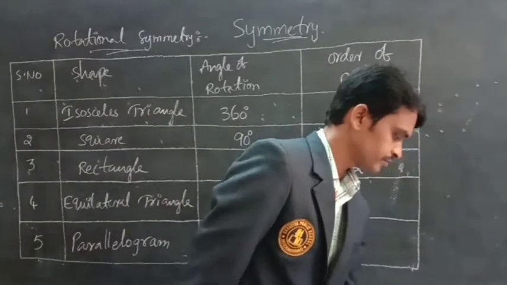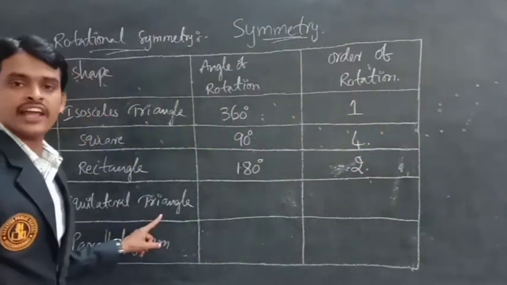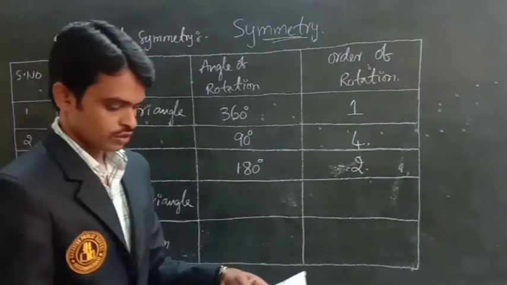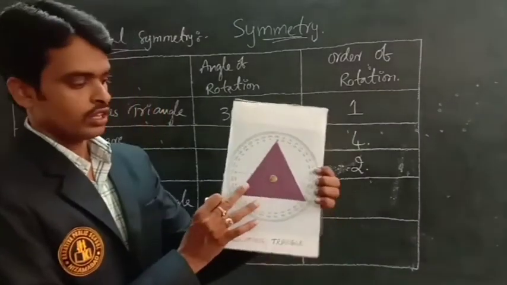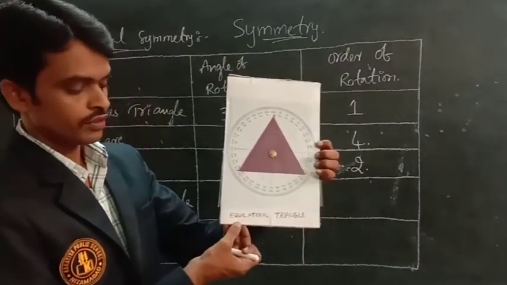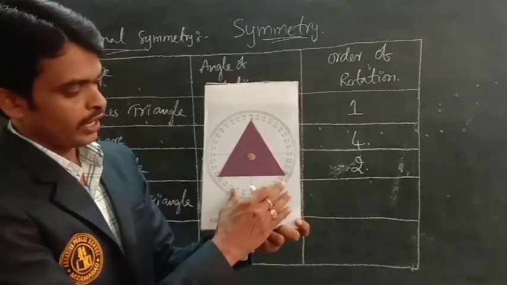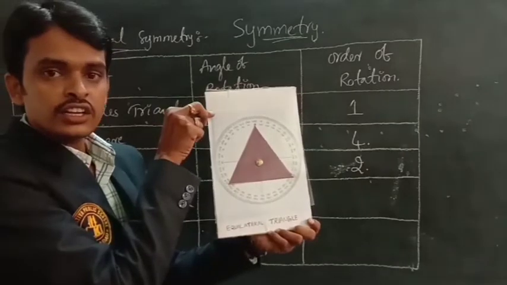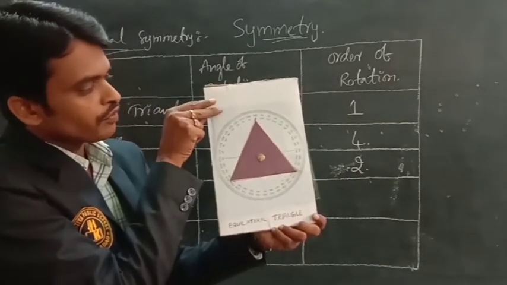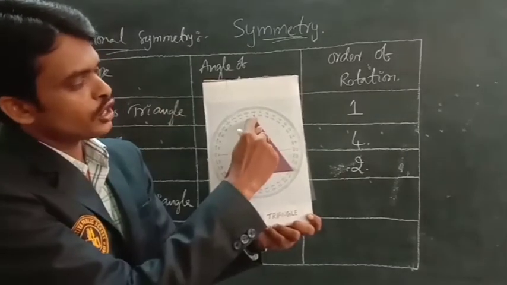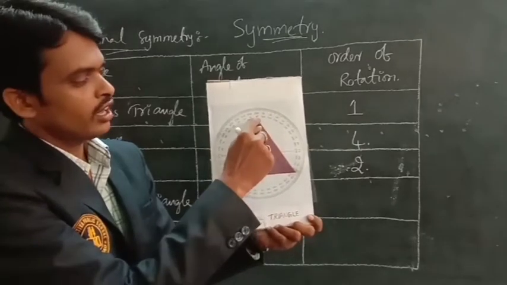Next, equilateral triangle. So look at here. This is an equilateral triangle. So now the equilateral triangle I am rotating in anti-clockwise direction. So this is 0 degrees at the initial position.